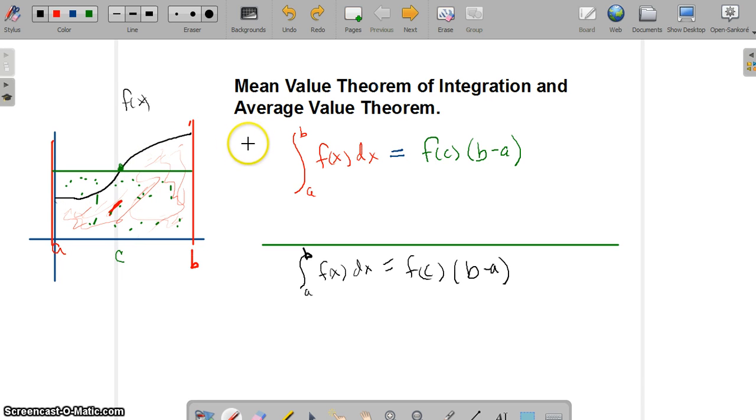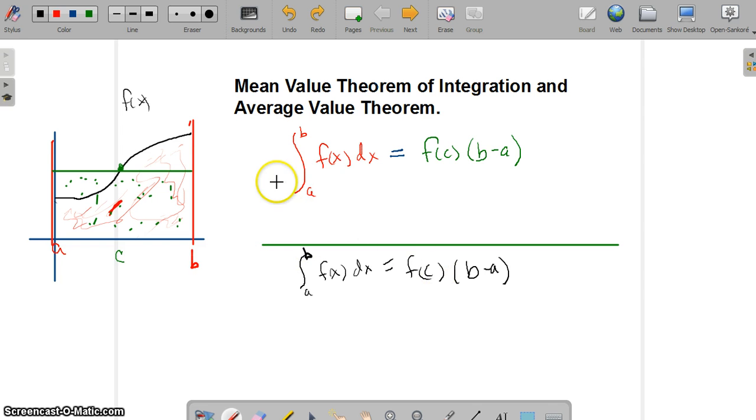So let's say the area under this curve is 5, there is a point C in between A and B where the area of the rectangle formed by going through point C, this green area, would also be 5. It's guaranteed, as long as this is continuous.